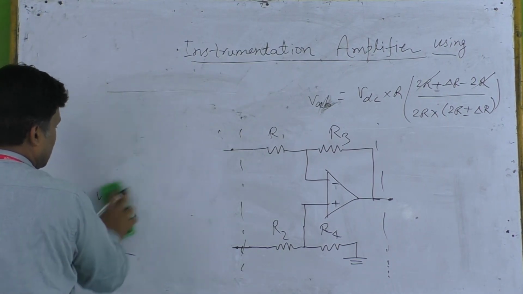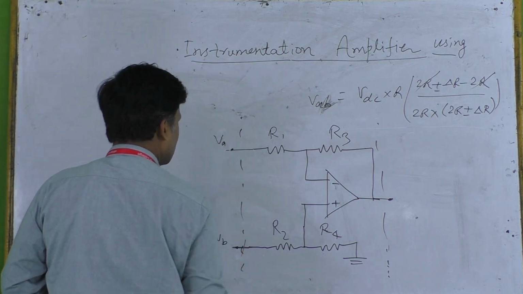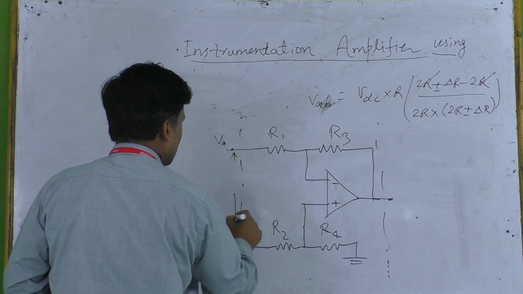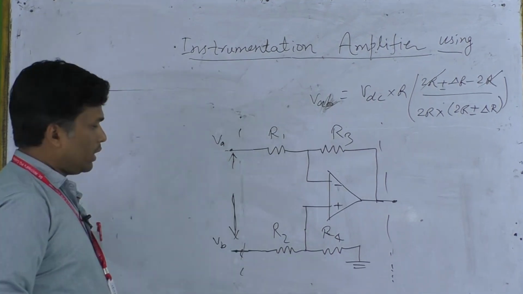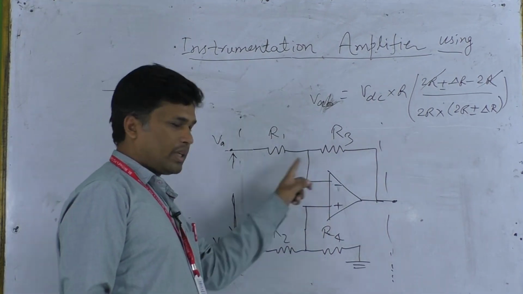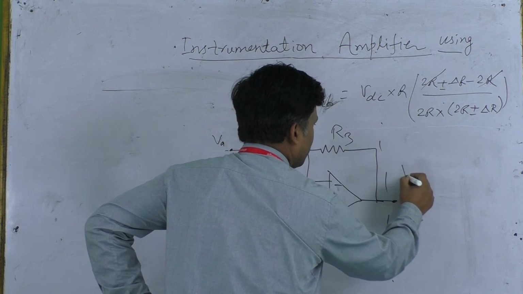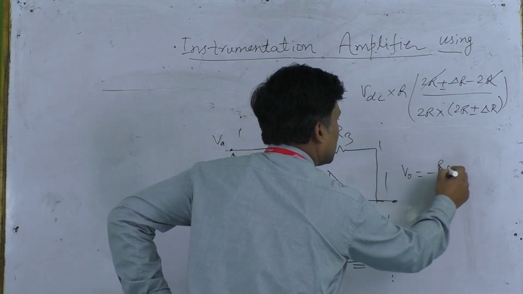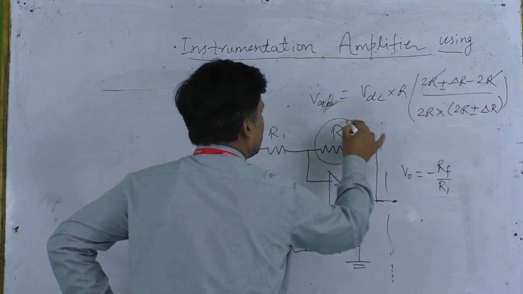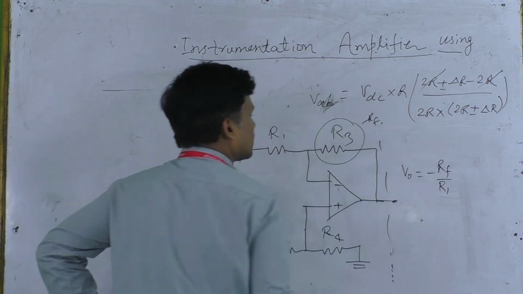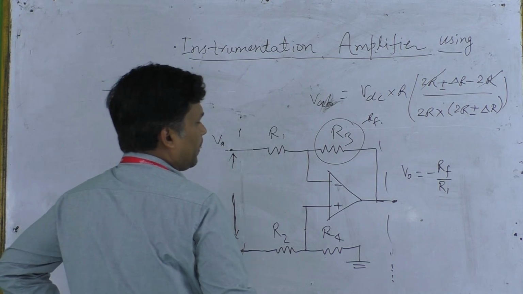Now this VA and VB come over here, and we have to define the next section, the second stage, as a differential amplifier. What is the gain of a differential amplifier? We have already studied it as V out is equal to minus RF by R1. That means RF, we usually say feedback resistance, and this one resistance R1.